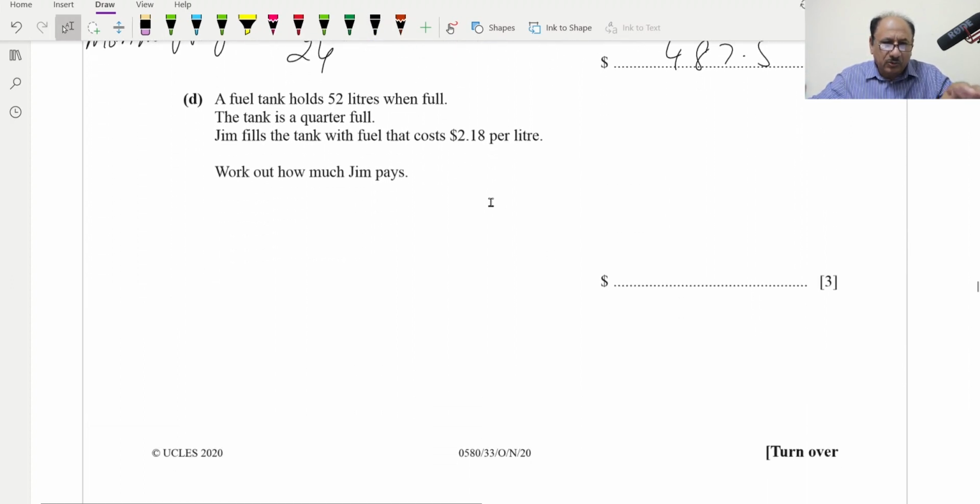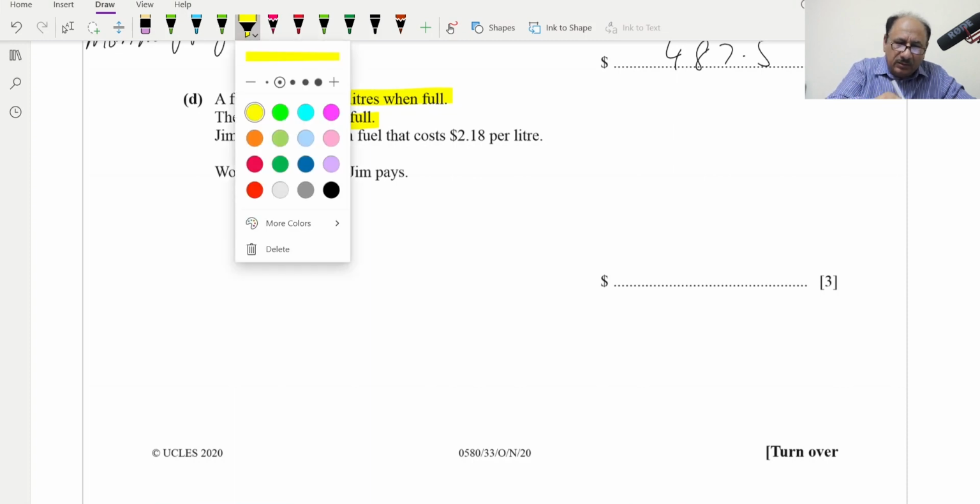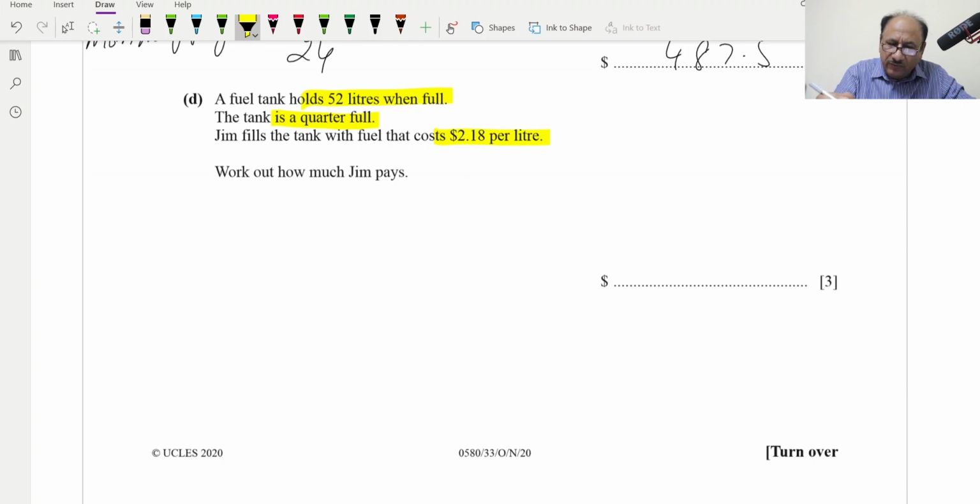A fuel tank holds 52 liters when full. The tank is a quarter full. So how much is there? Quarter is full, so the remaining is 3 by 4. Jim fills the tank with fuel that costs 2.18 per liter.